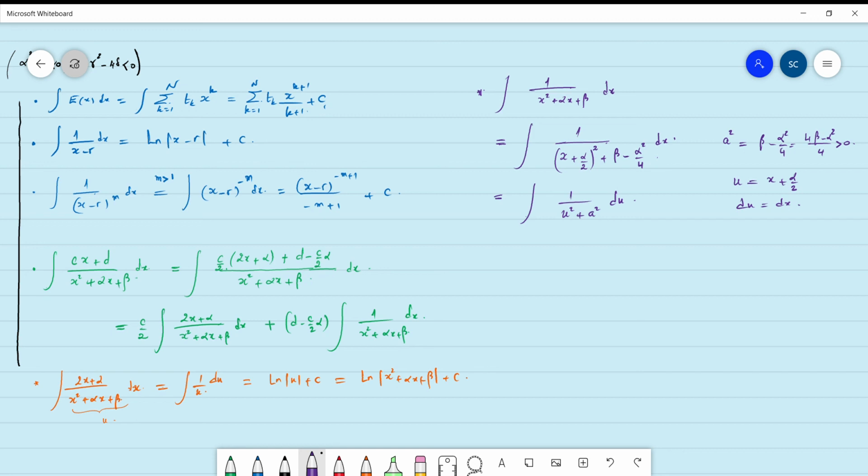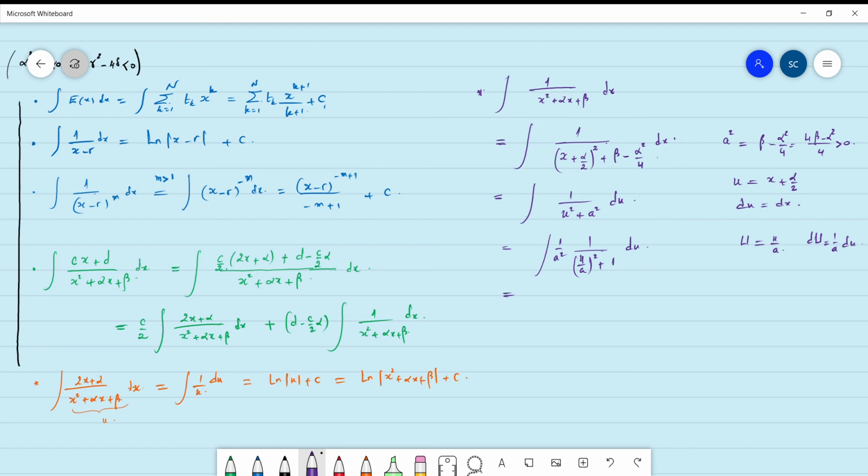Now I see that I am close. It looks like I have an arctangent, so I need just to do some work here. It's 1 over a squared times u over a squared plus 1, and we have 1 over a squared and the du. If you use another substitution, capital U equals u over a, dU is 1 over a du.